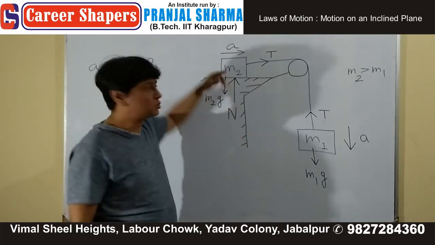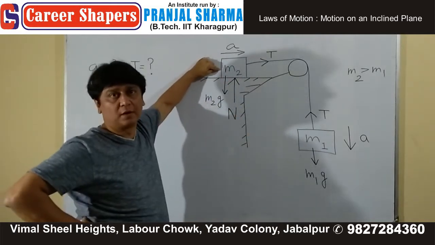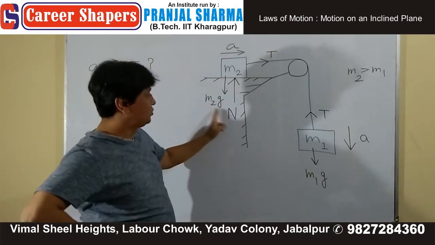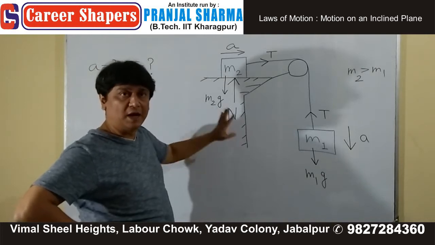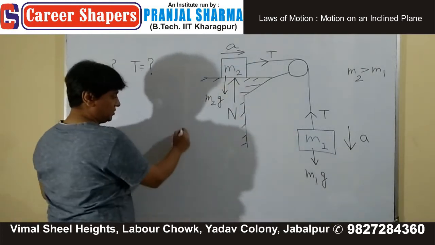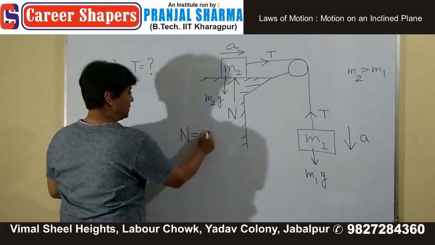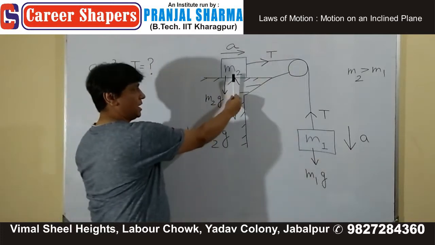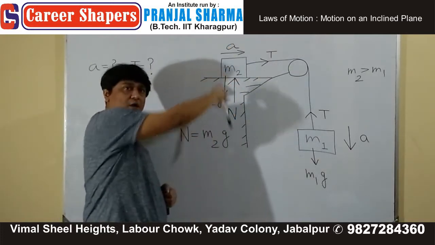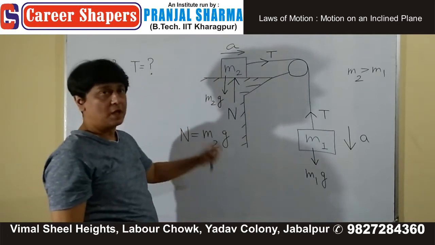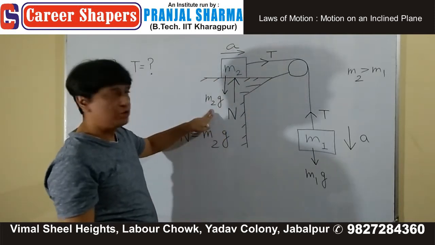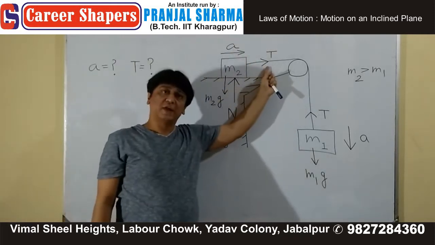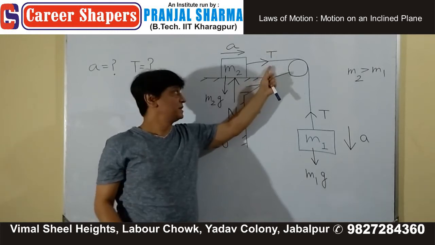Then what is that which is going to stop M2 from moving? Nothing. Why nothing? This M2g and N, they are balancing each other. N is simply M2g. N is balancing M2g. Now, if N balances M2g, then the only force left which is acting on the block is T.